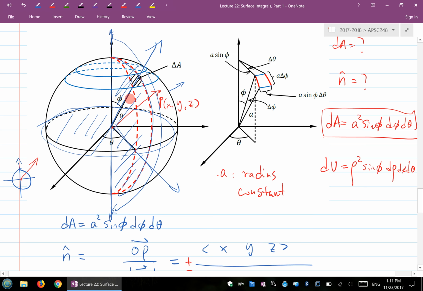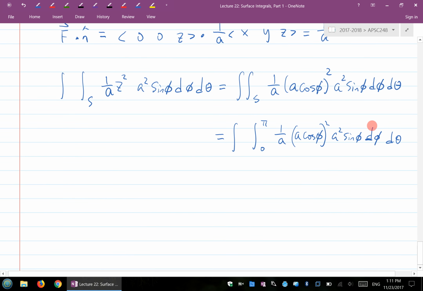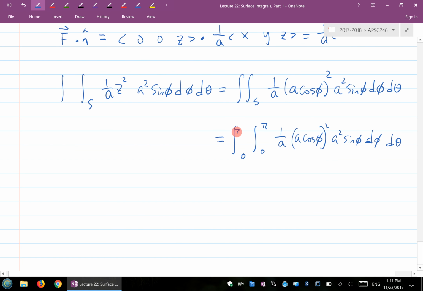So that's the second portion: theta will be 0 to 2 pi. This is no different from the way you find the limits for phi and theta when you do triple integrals. Now, the rest of the work is just integration.